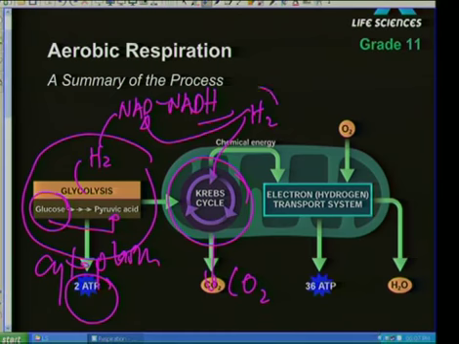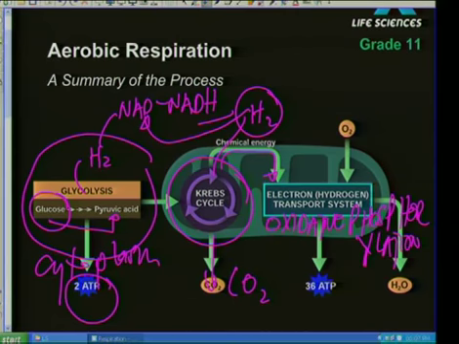The energy from the hydrogen is used in the next phase called the electron or hydrogen transfer system, or what we are calling oxidative phosphorylation.